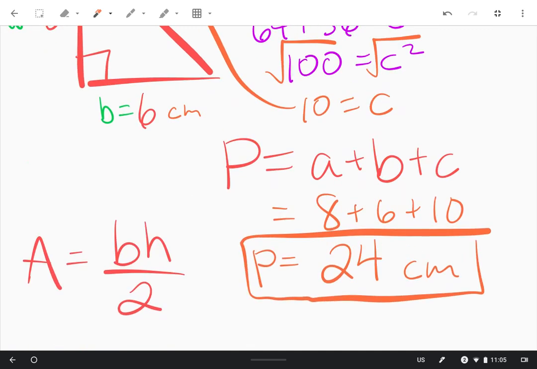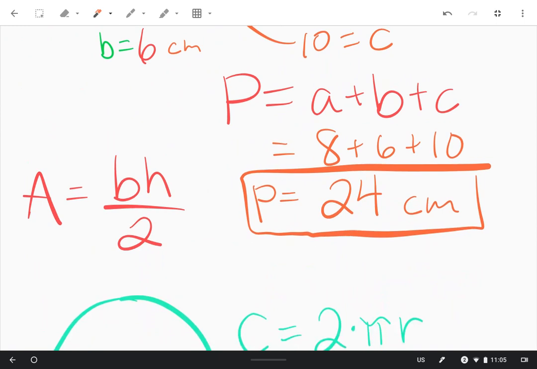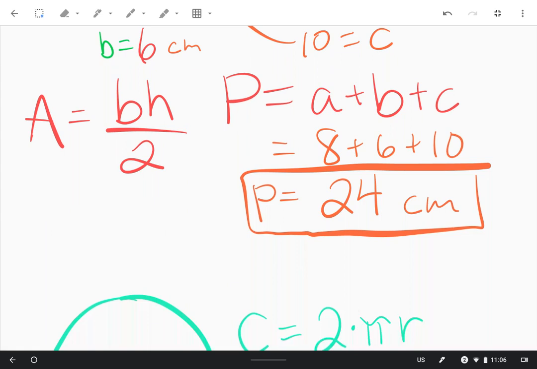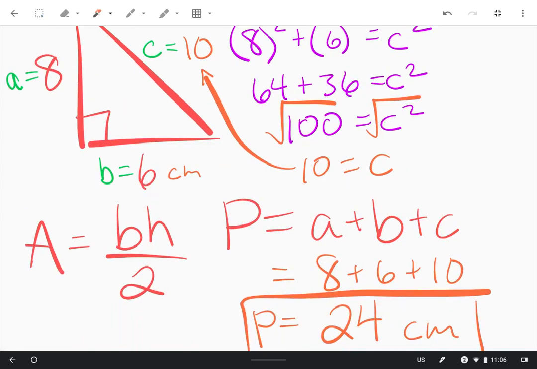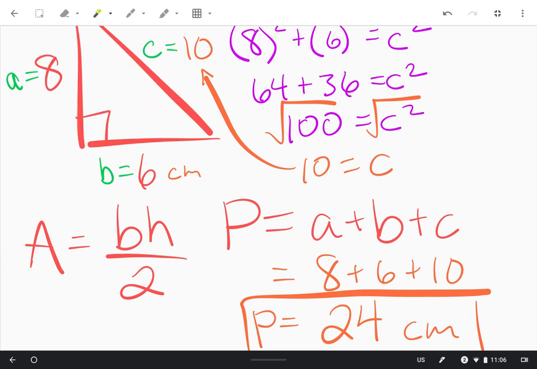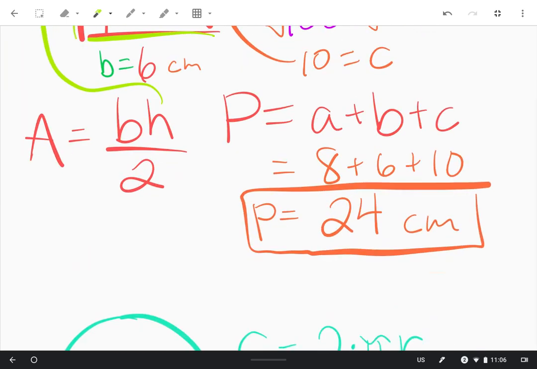Now, I'm going to say one thing about the area formula. Typically, we write the area formula for a triangle with base and height. But in a right triangle, the height is also known as this value here. So the base and the height are really just the two legs. So in this one, I'm going to use 8 and 6 as my base and height.